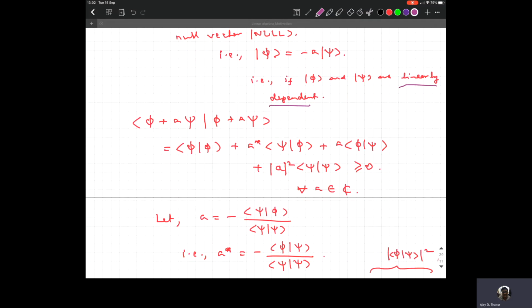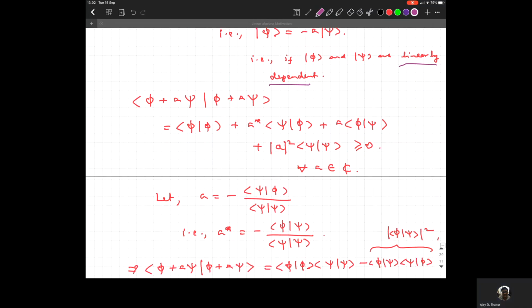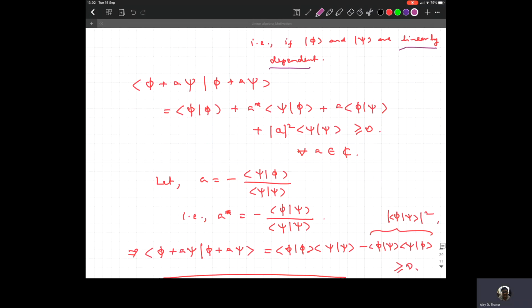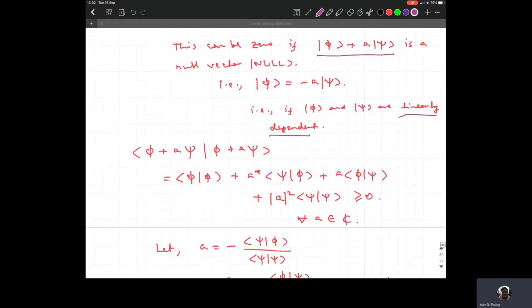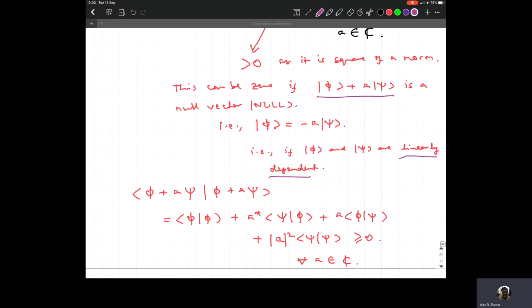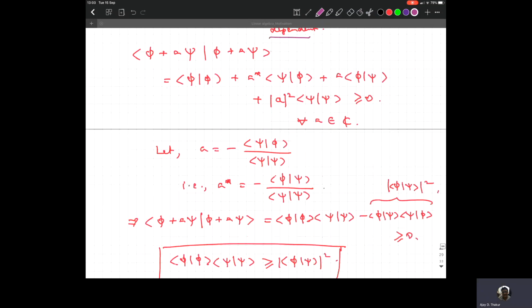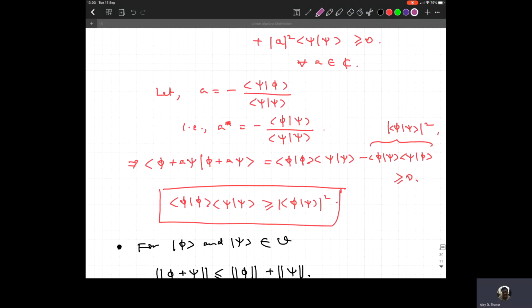The quantity on the left hand side has to be positive definite, or 0. 0 is allowed when it is linearly dependent, and it is greater than 0 when that is not the case. So in general, a is going to be written as minus the inner product of psi and phi divided by the norm of psi squared, and a star is written as the inner product of phi with psi divided by the norm of psi squared.